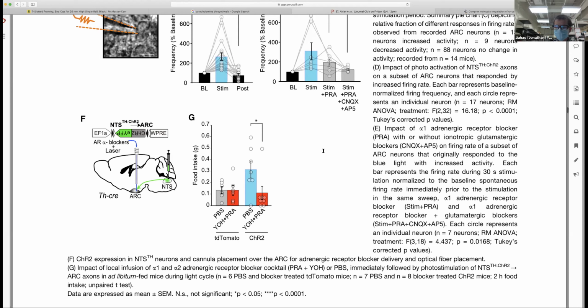So what's going on there? Maybe this cocktail blocks the glutamatergic transmission altogether at the presynaptic level. Maybe because of the postsynaptic effects. I don't know how that works.